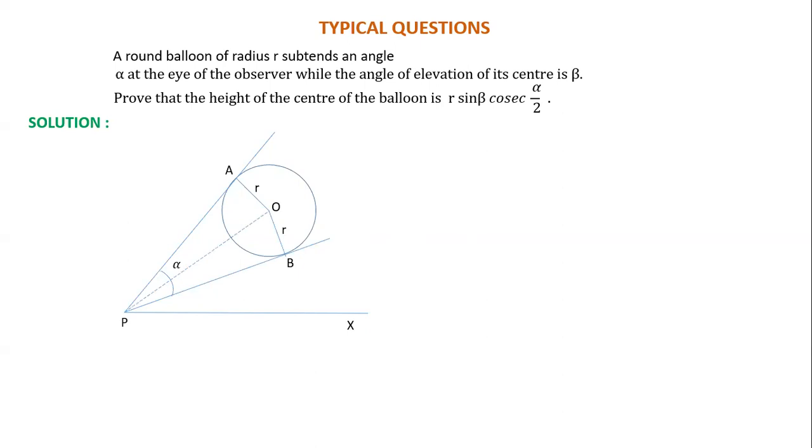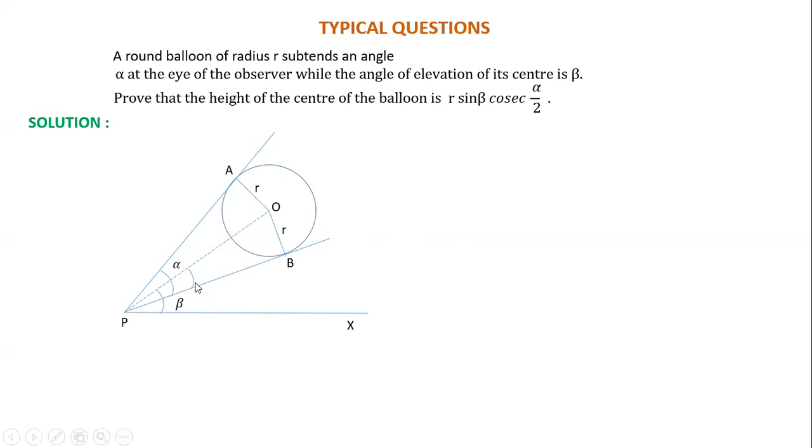Now you join the center. If you look at the center of the balloon, here this angle is beta. Now we drop a perpendicular from the center. The whole angle is alpha.